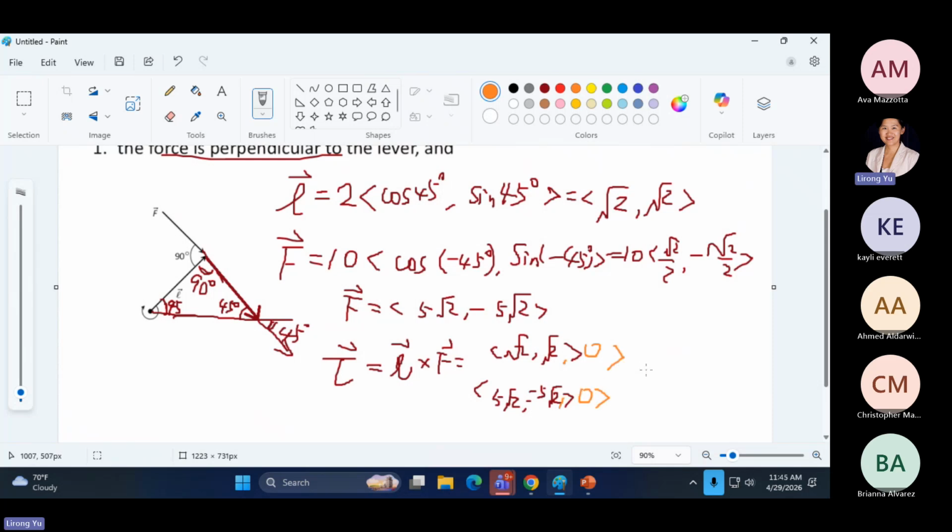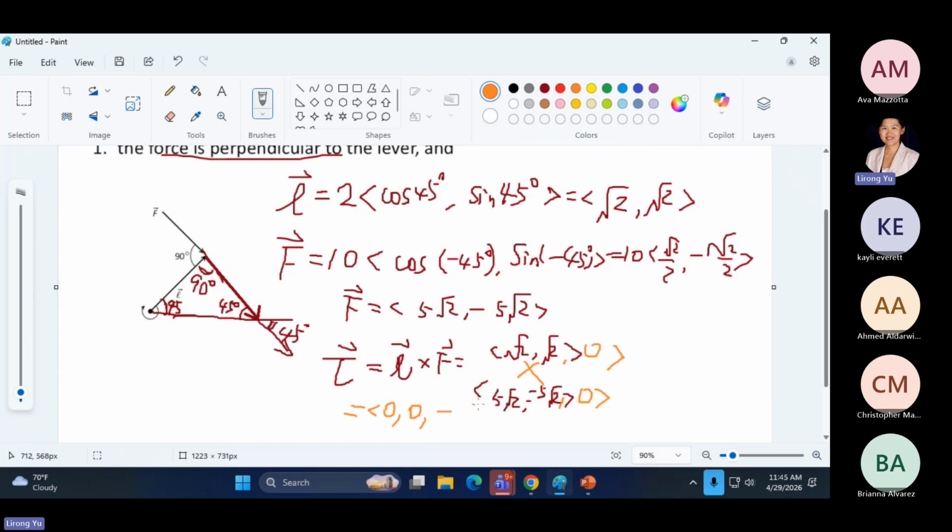So this cross product, we've done it before. The first component, cross multiply and subtract, is 0. This one, move it over, cross multiply and subtract is also 0. So then the cross product, or the torque, we end up getting is perpendicular to the xy plane. So 0, 0. And this you cross multiply and subtract: negative 5 times root 2, 5 root 2 times root 2 is 10.